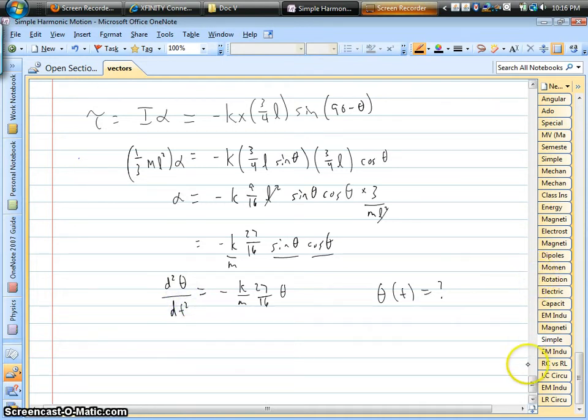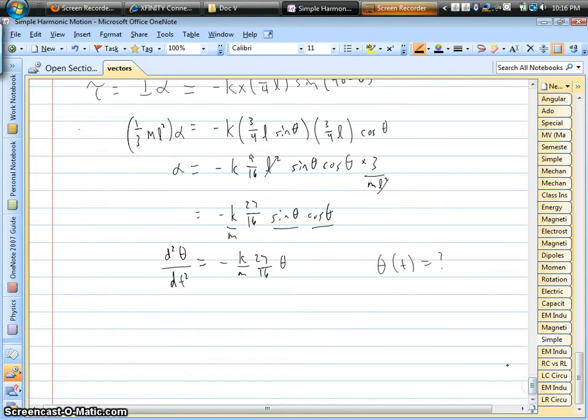It's no different than saying that the linear acceleration is the second derivative of your linear displacement. It's analogous to that. So in other words, we end up with the equation for simple harmonic motion. We have the second derivative, we have a minus sign, we've got constants, and we've got our theta.